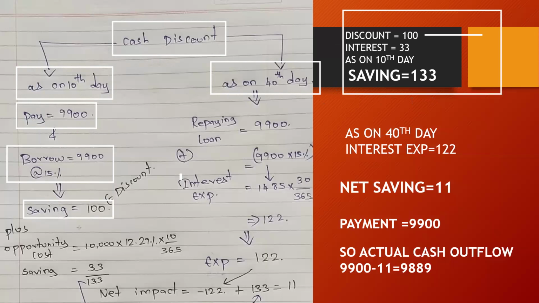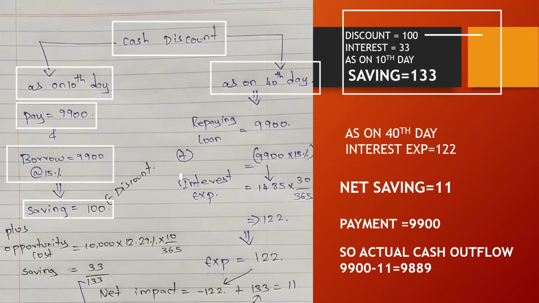Plus, for 10 days, I invested at 12.29%. It may be anything, or you can ignore it and do the sum, but it will be different. I'm taking it hypothetically as an opportunity cost of 12.29% for 10 days.